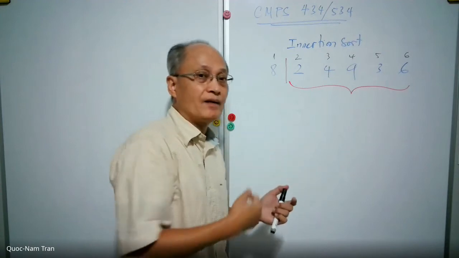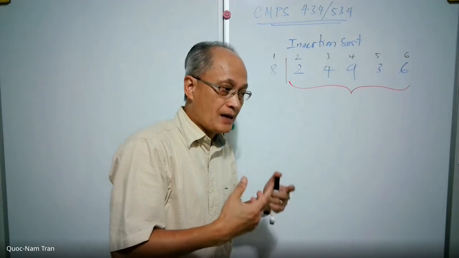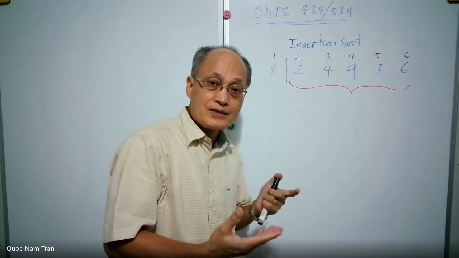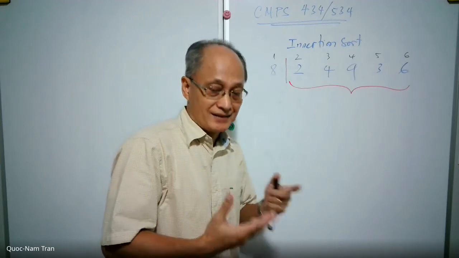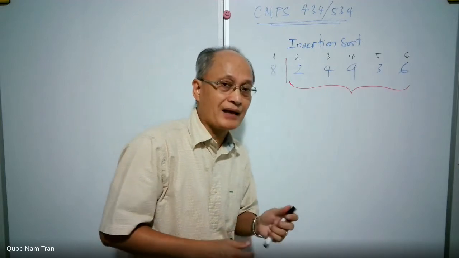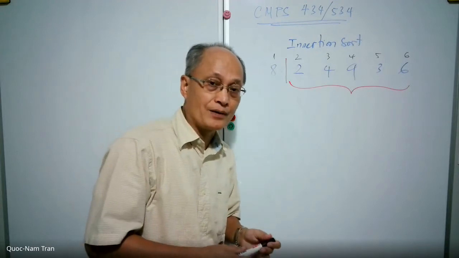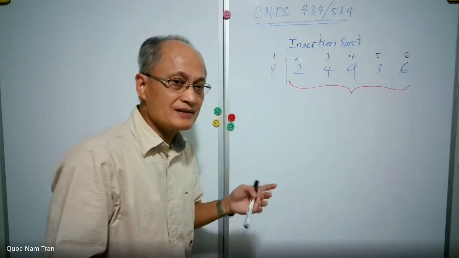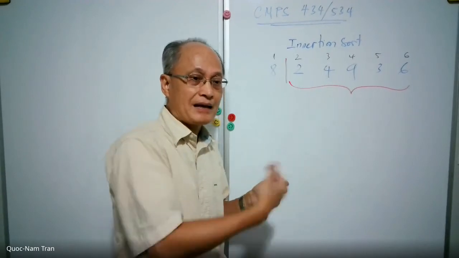You will see later on when I count the number of steps for analyzing the performance of an algorithm, if we have the index from 1, it's easier. In fact, it's a lot easier than indexing from 0. But it's just a minor thing. We count from 1 instead of counting from 0.